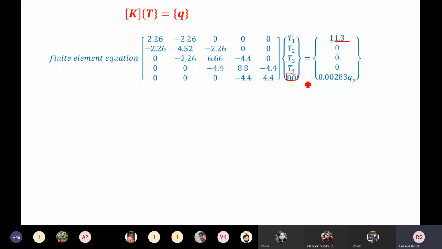T5 is given, so it is not necessary to consider this equation at the start. What you have to do, you go for the calculation of T1, T2, T3, T4 by using the first 4 equations. Now how can we write the first equation? You see here, 2.26.